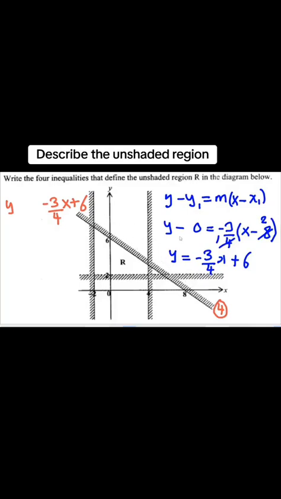The upper region is greater, while the lower region down here is less. So we are describing the lower region, and we have said it's less. So this is going to be y is less than or equal to negative 3 over 4x plus 6. This will be our answer.